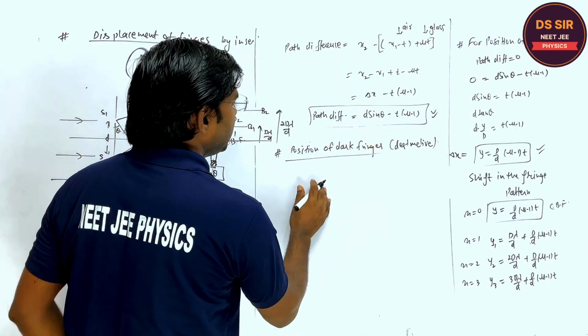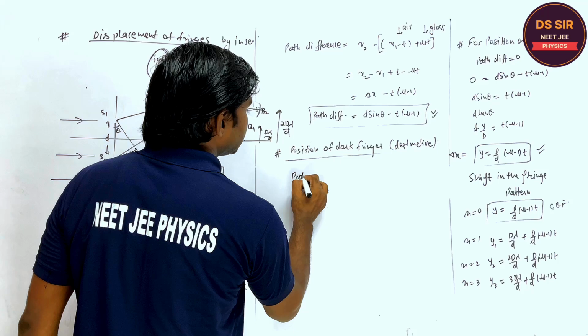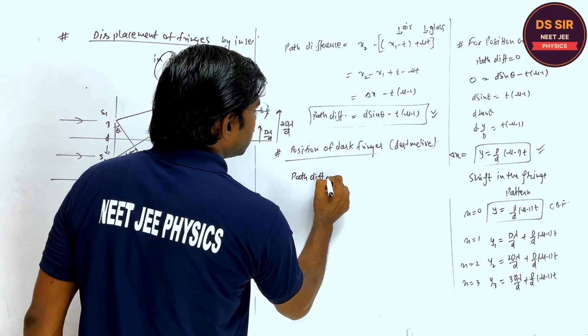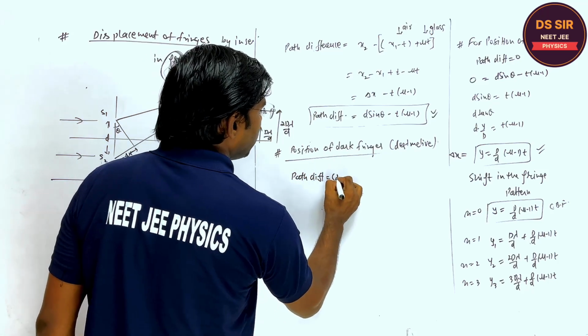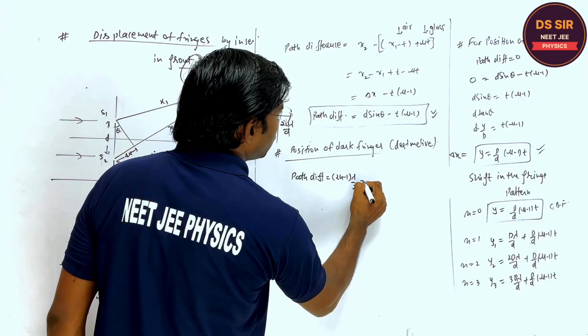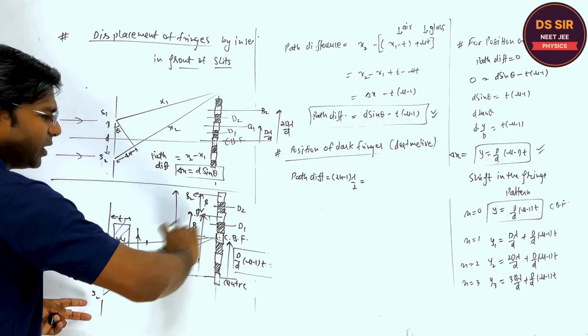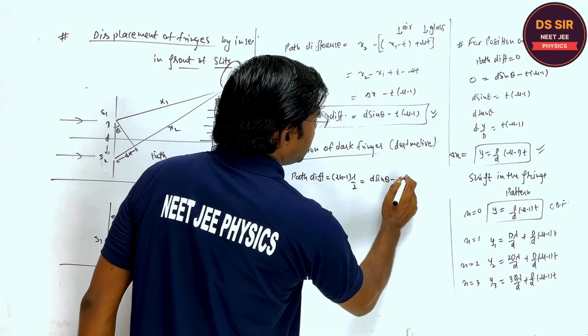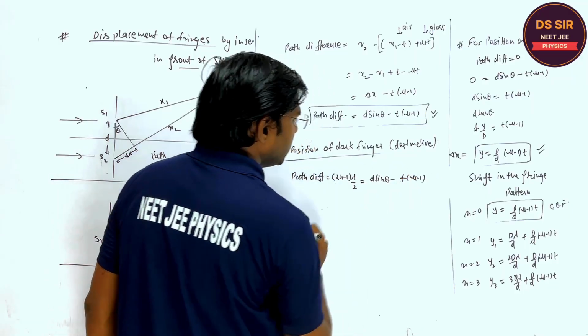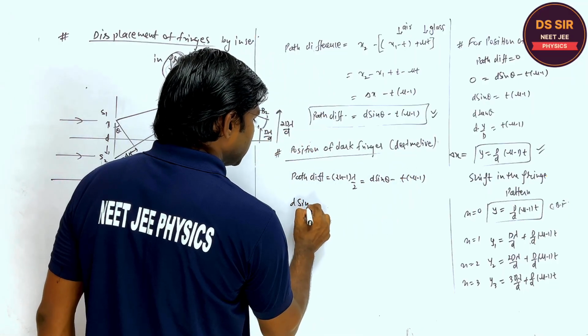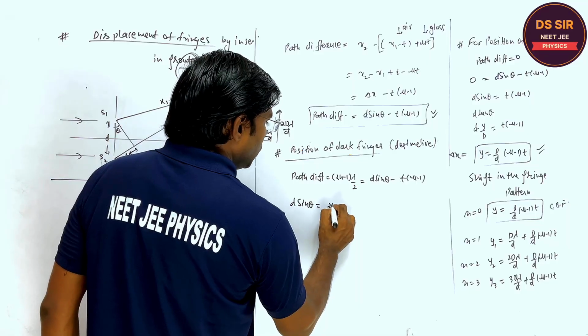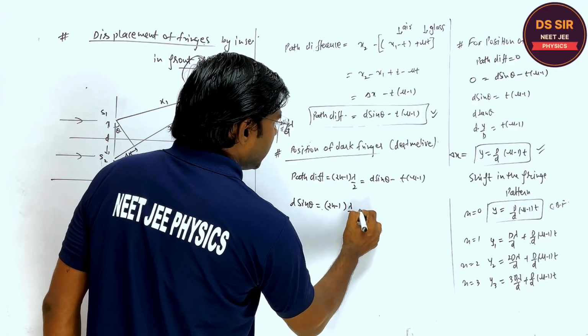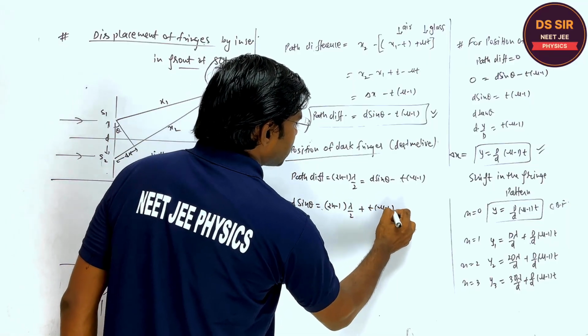So the path difference must be equal to (2n minus 1) lambda by 2, and by geometry the path difference comes to d sin theta minus t (mu minus 1). So d sin theta is equal to (2n minus 1) lambda by 2 plus t into (mu minus 1).